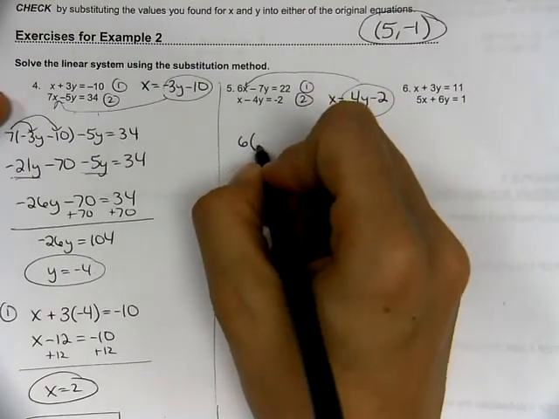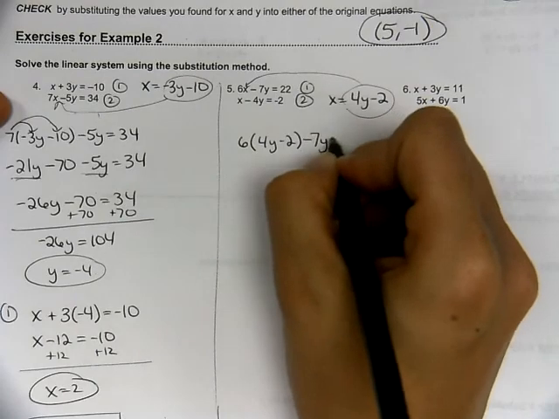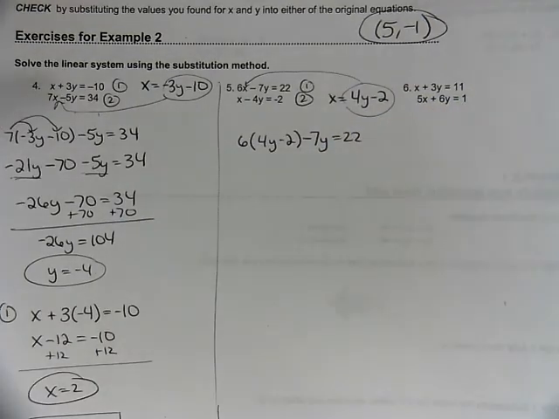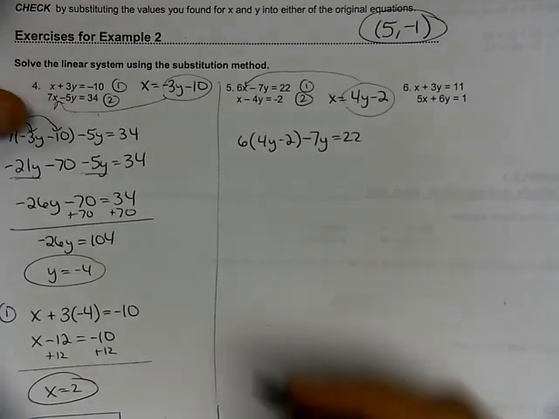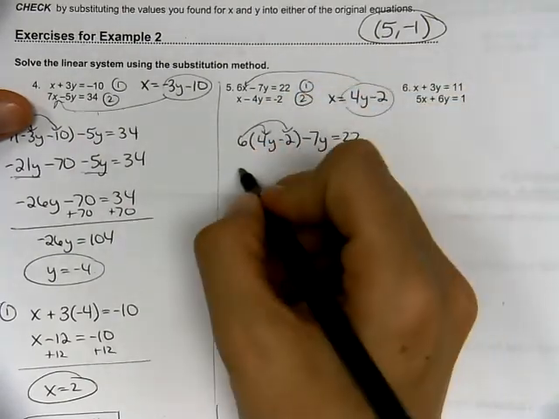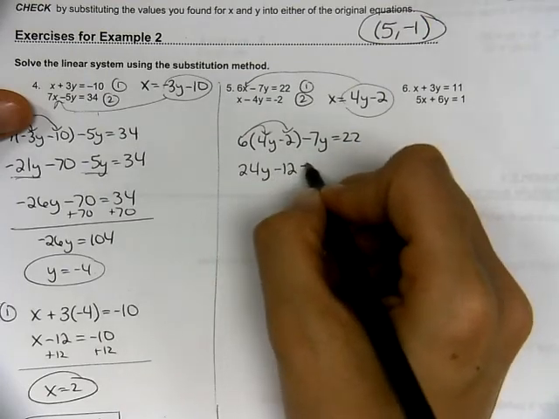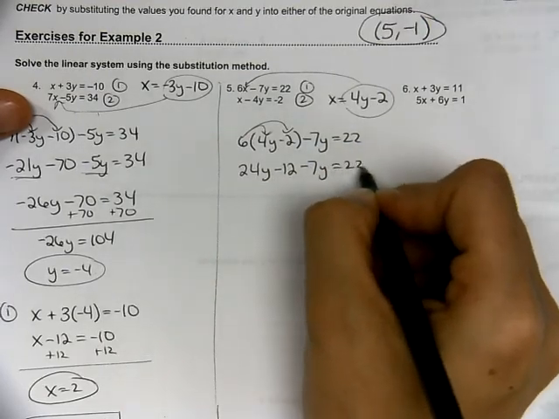So 6 times 4y minus 2 minus 7y equals 22. Distribute this 6. 24y minus 12 minus 7y equals 22.